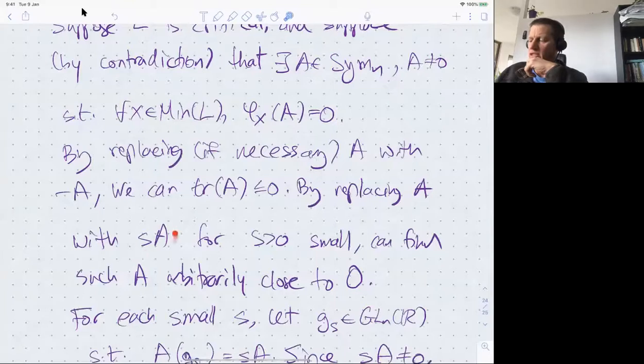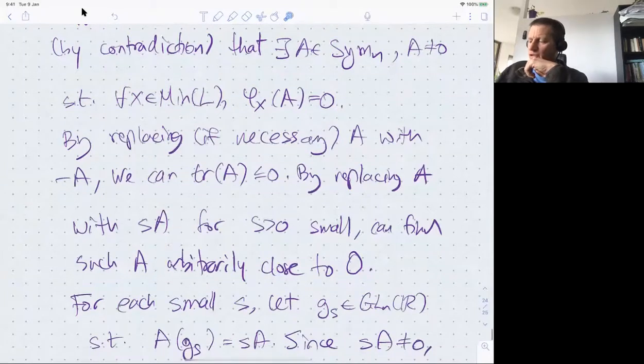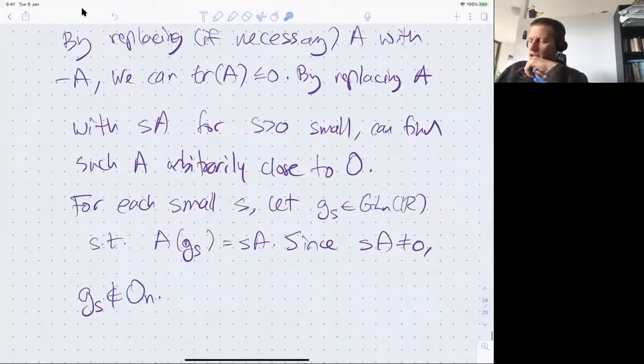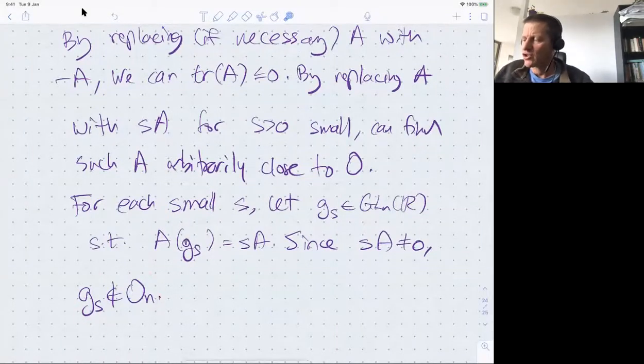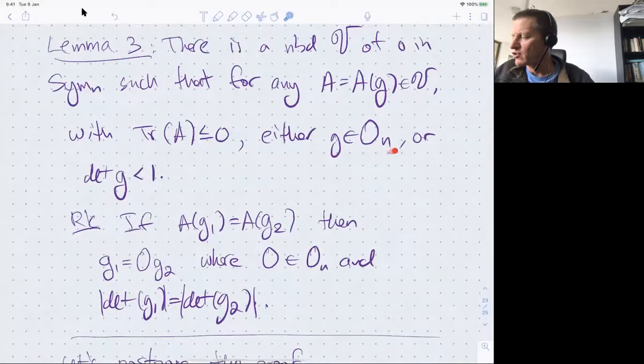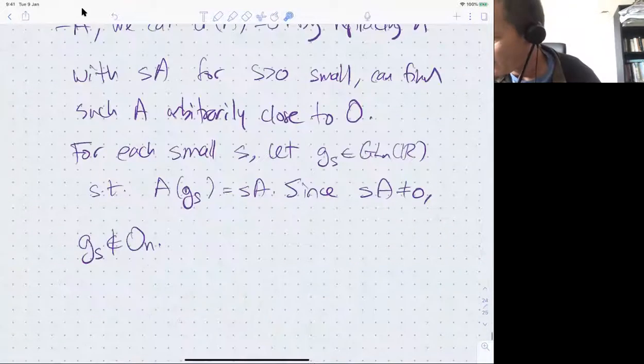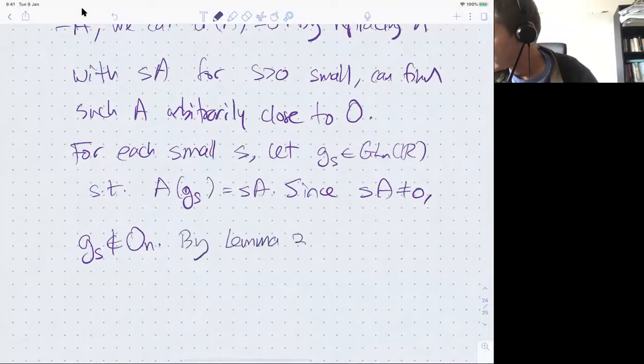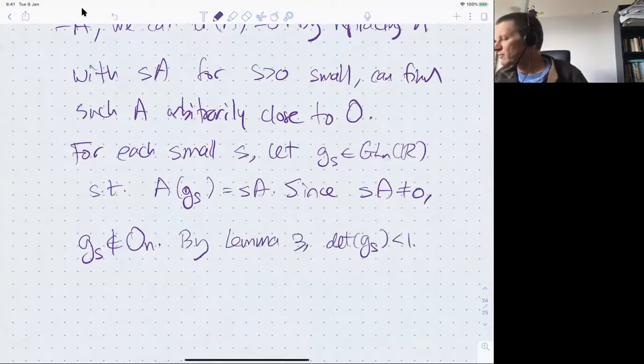So we know that G_s is not orthogonal. Then we go back to lemma 3, and by lemma 3, the determinant of G_s is strictly smaller than 1.